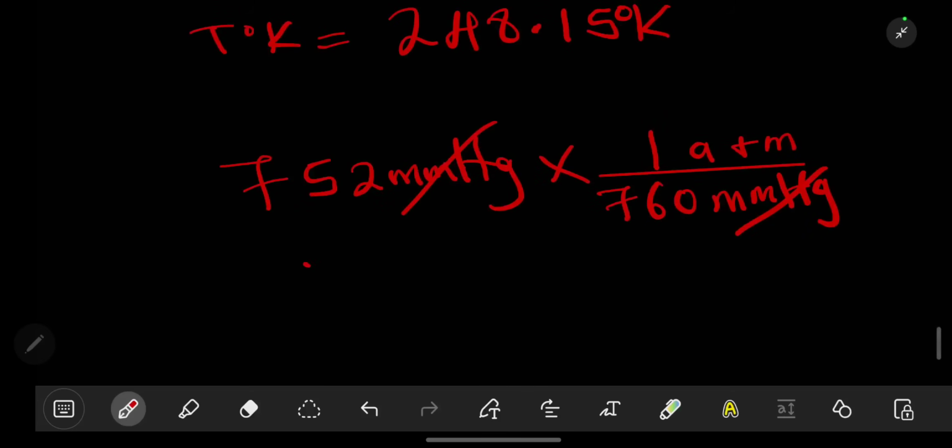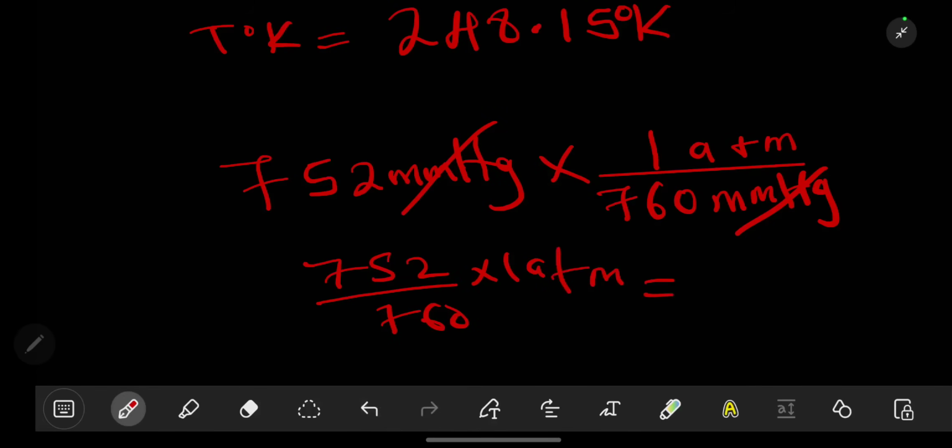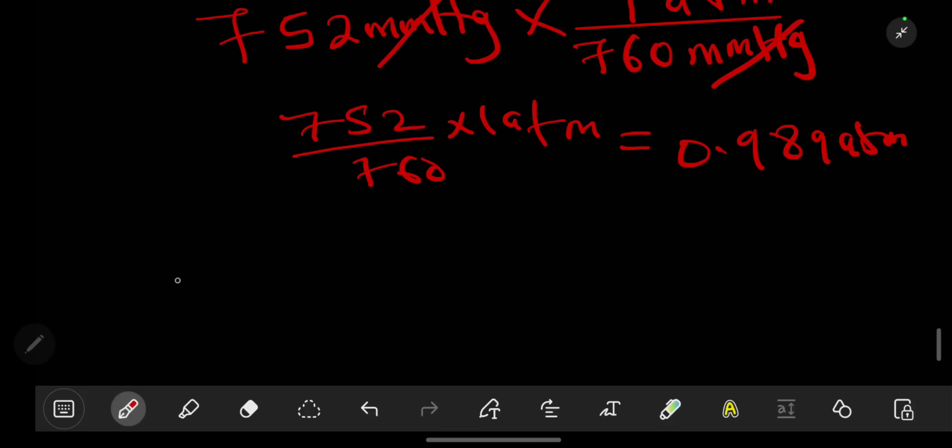So when you divide your 752 over your 760 times 1 ATM, you are going to get a value that is 752 divided by 760. This is going to give us a value of 0.989 ATM.